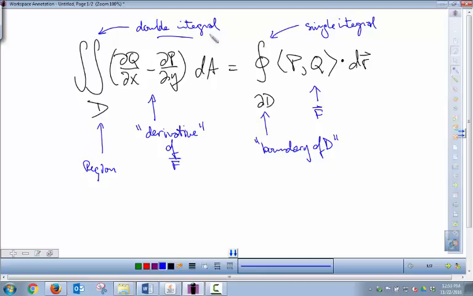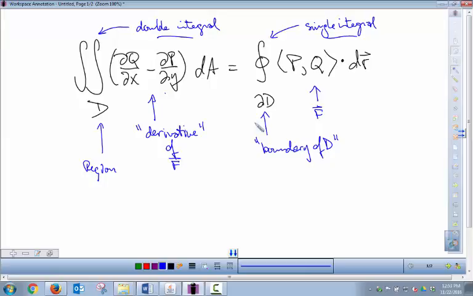So we went from a double integral to a single integral. And we're taking the derivative of something, and then we're essentially finding, in loose terms, kind of like the antiderivative of that, or the derivative of something, and then we come to the original function. And then we take a look at the region that we're integrating over, and we're integrating over its boundary.